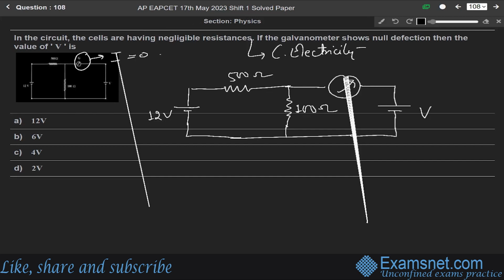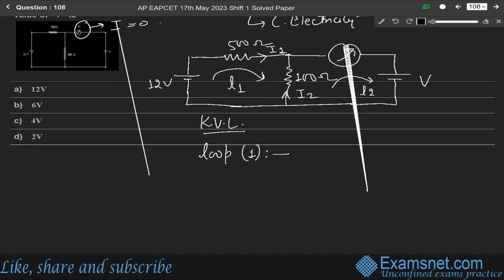Okay. Now, using Kirchhoff's voltage law, let us say this is loop L1, this is loop L2. Current I1 is flowing in this direction and current I2 is flowing in this direction. So for loop L1, we can write minus 12 plus 500 into I1 plus 100 (I1 minus I2) equals 0.